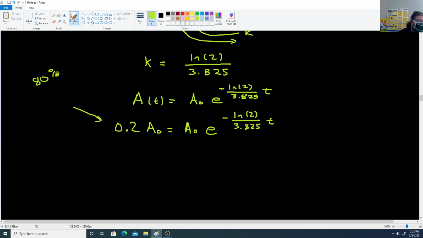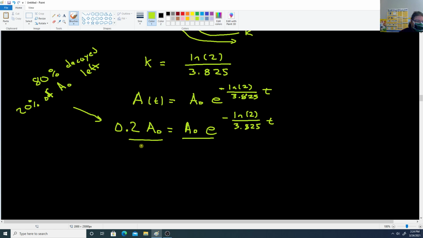Basically, if 80% decayed, then we want 20% of A naught left. So we're trying to say we got 20% of the initial amount left radioactive. We're going to try to figure out the time it takes for that to happen.